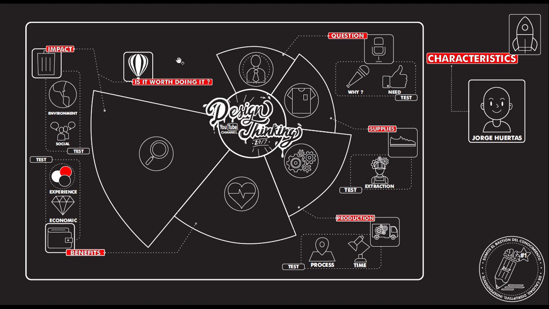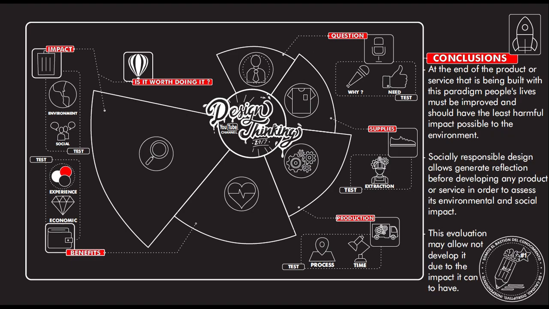And at the end, you need to answer this question: is it worth doing? You have to be very realistic and ask yourself if the development that you want to make is worth doing. If you decide yes, it means it is socially responsible. But if not, perhaps you need to change a process or a supply or things like that. It's very important that you keep that in mind.